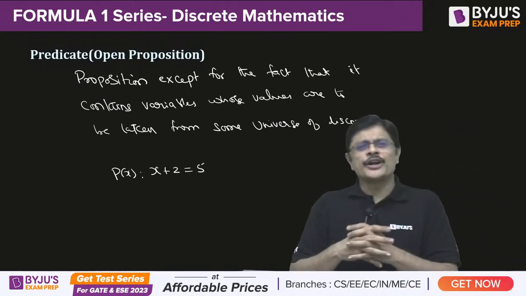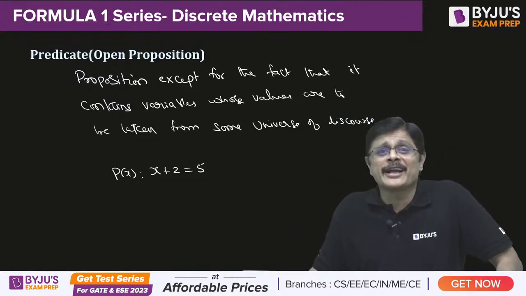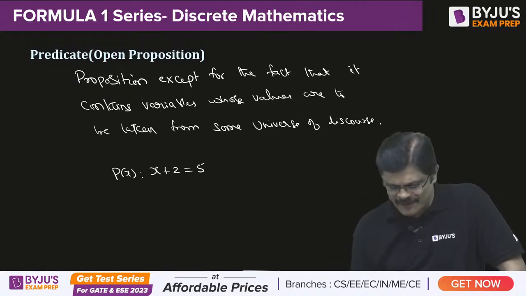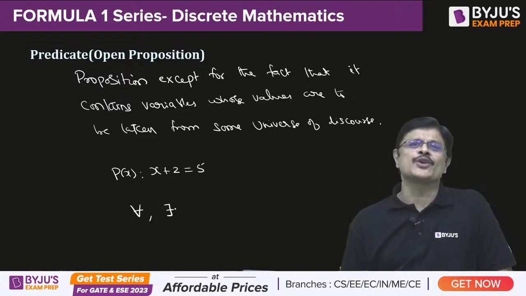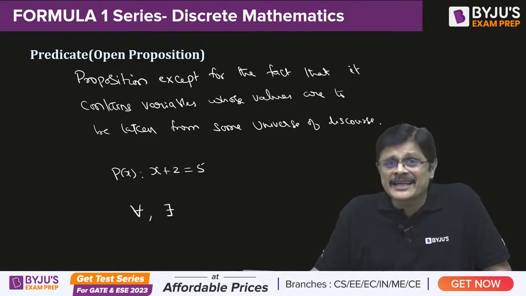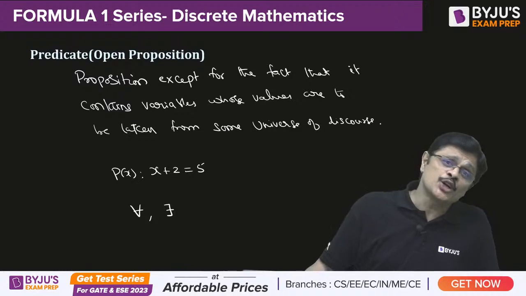See, the entire story of predicate calculus is how to convert these predicates to propositions. And for that we are going to use two quantifiers. One is called the universal quantifier, the other one is called the existential quantifier. And whenever you talk about predicate calculus, we need to understand the meaning and the truth value.